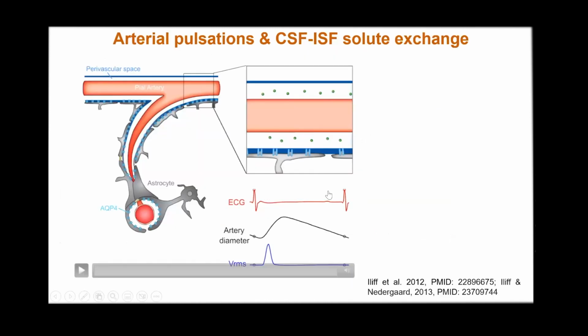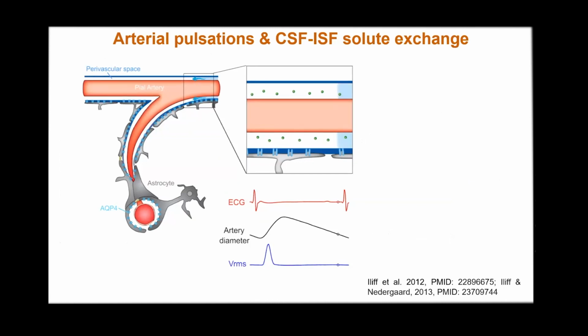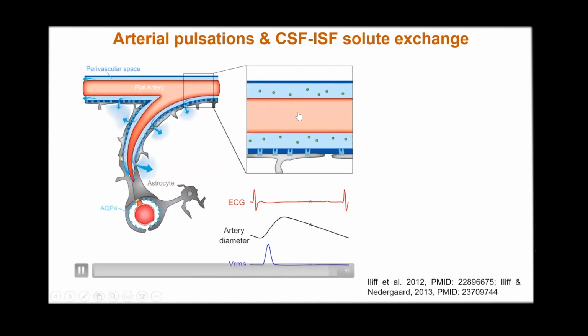This is a schematic which shows that the arterial pulsations in the brain drive the perivascular space CSF flow. Here you can see CSF solute and the arterial wall motions driving this perivascular CSF flow. And then it gets exchanged along these aquaporin 4 channels, which are on the astrocytic end feet, and also along these astrocytic gaps, and then is exchanged to the interstitial fluid.